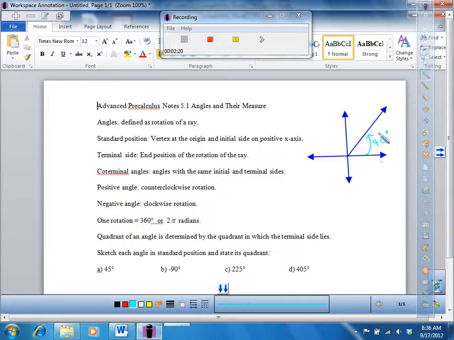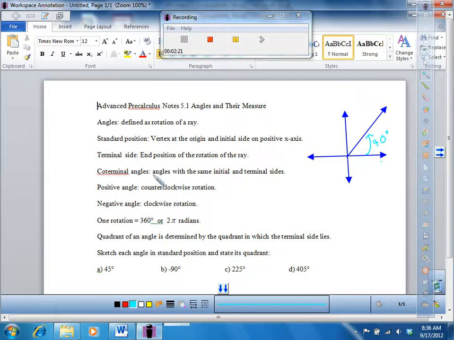Okay? And so standard position, vertex is at the origin, initial side, positive x-axis, and this is called the terminal side. Terminal is where it ends, right? So terminal is the end position, and so this is the terminal side of that angle.